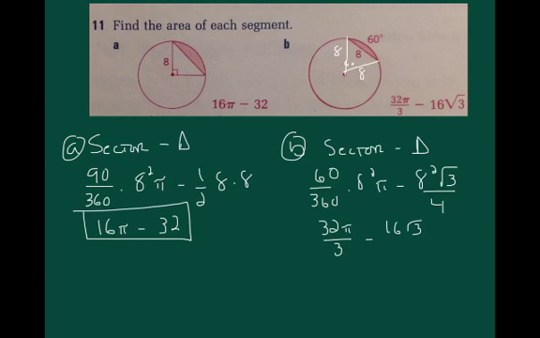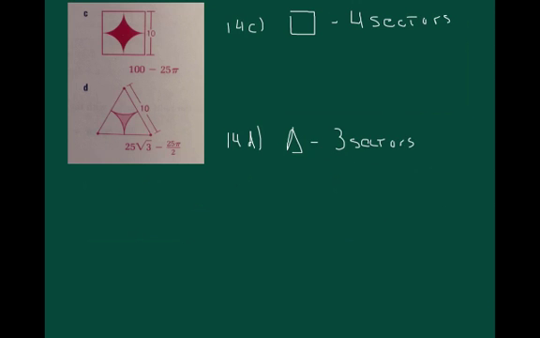Okay, let's take a look at one more, or I should say a couple more problems. Number 14. 14C and D kind of give you a look at how to do all of 14. And you can see that in part C, we're trying to find the shaded region, which is really just a square minus the 4 sectors, or 4 quarter circles. Well, we know that the square is going to be 10 squared.